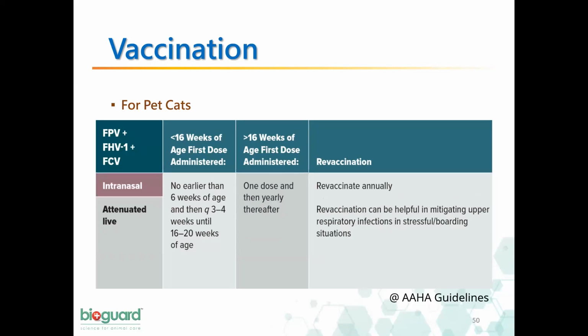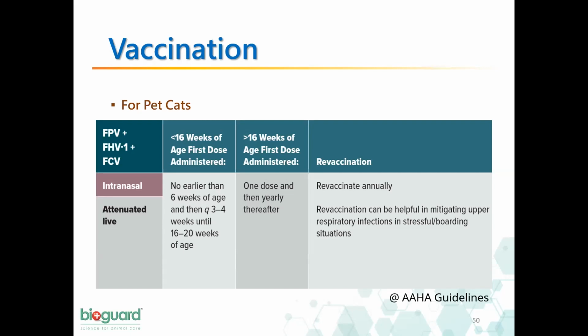In the case of intranasal attenuated live vaccines, the vaccine is given through the nasal area. For kittens it is similar: not earlier than 6 weeks of age, the first dose has to be given.